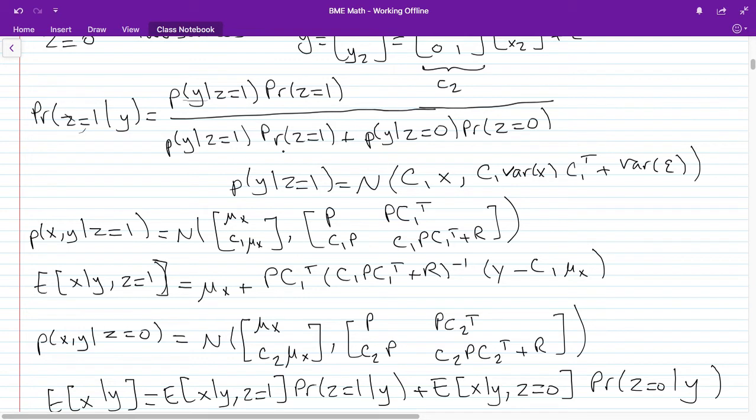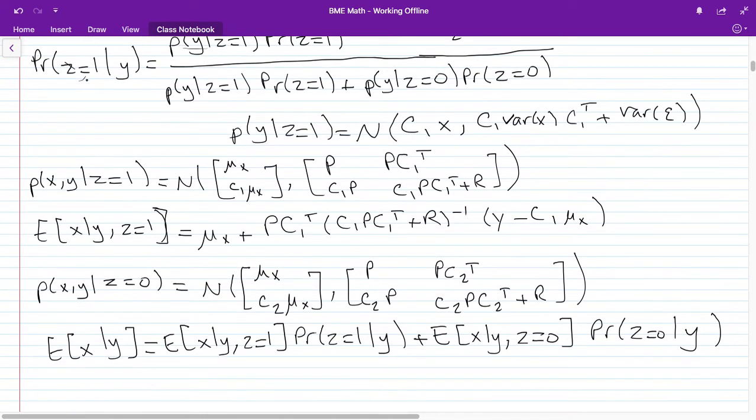Here we have it. And then once you have the probability of the model given your data, next you need to know the expected value of the parameter that you're trying to estimate, x, given that you made your measurement. Well, that x could have been generated by model 1 or model 2. And this is how you divide up the contributions of the two models.